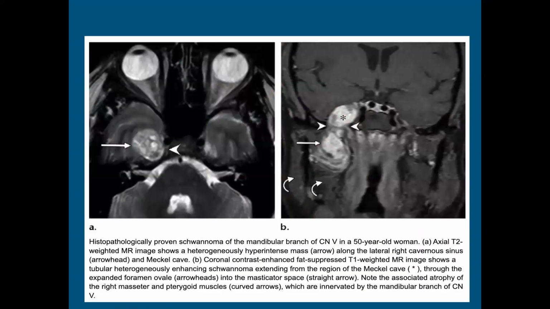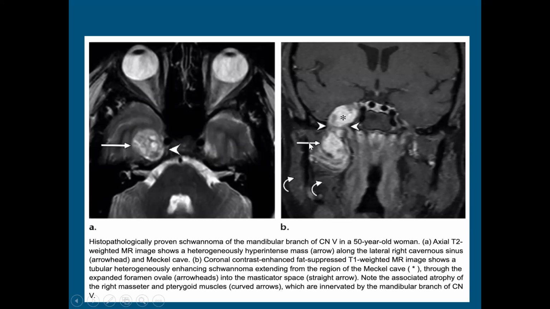Just to show a few pathologies of the masticator space. This is an axial T2 weighted MR image and a coronal T1 contrast MR image. We can see a solid cystic mass lesion here, which is adjacent to the Meckel's cave in this diagram.